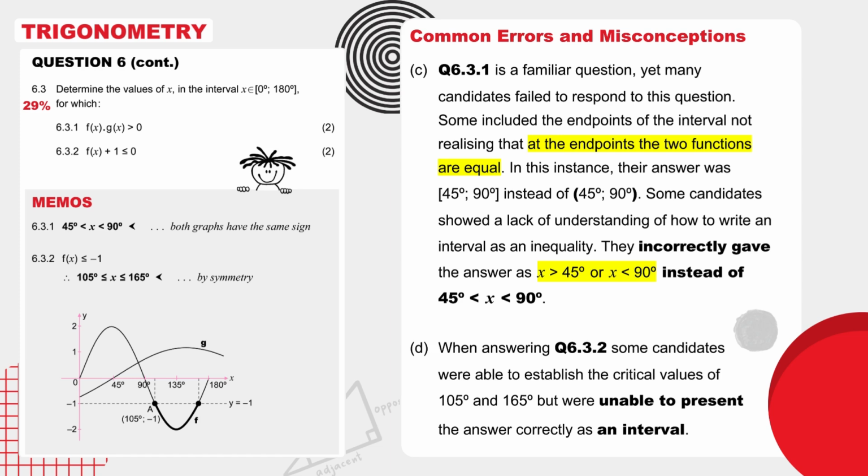They incorrectly gave the answer as x greater than 45 or x less than 90 instead of writing it as a sandwich. And then when answering question 6.3.2, some candidates were able to establish the critical values of 105 degrees and 165 degrees, but were unable to present the answer correctly as an interval.